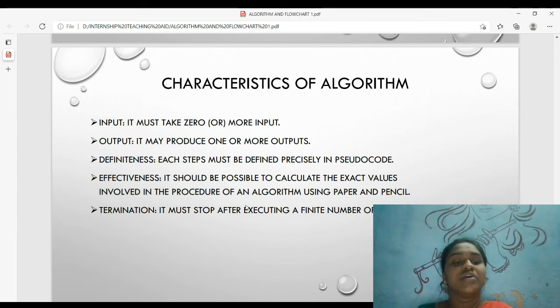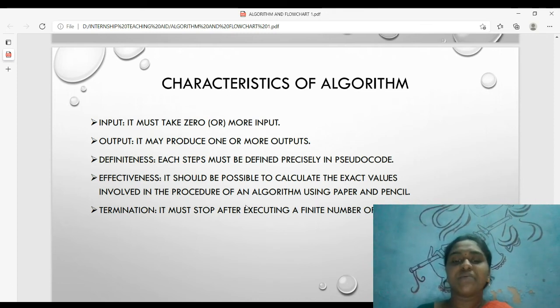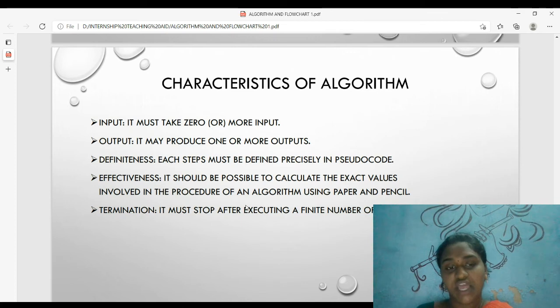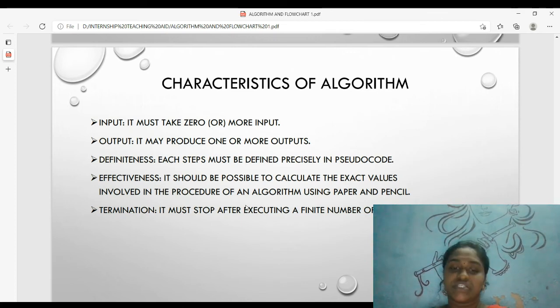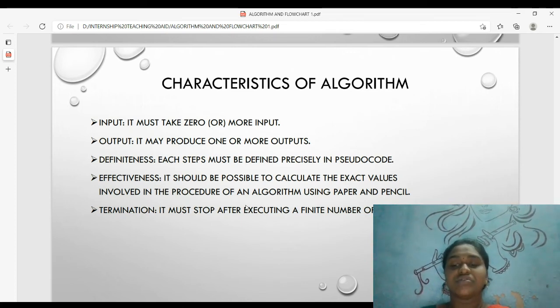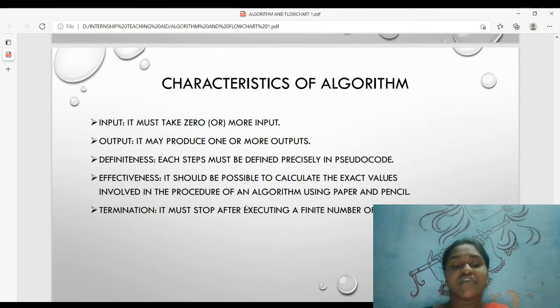Moving to effectiveness: it should be possible to calculate the exact values involved in the procedure of an algorithm using paper and pencil.